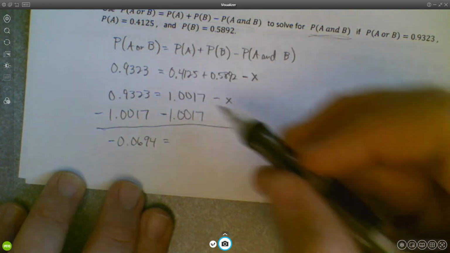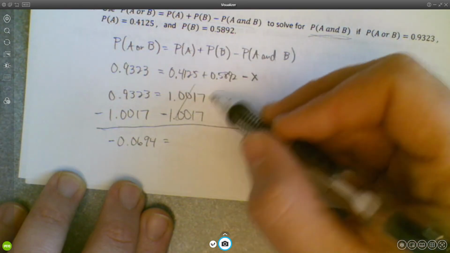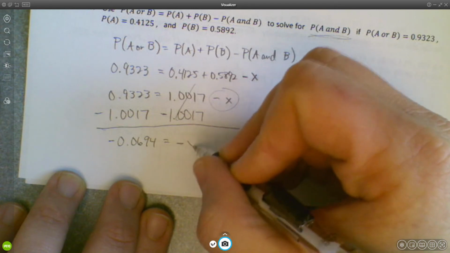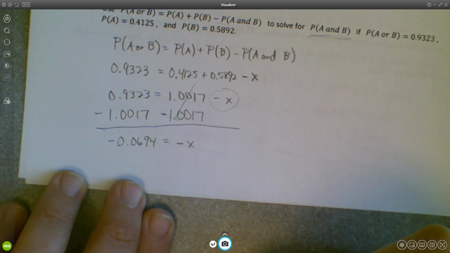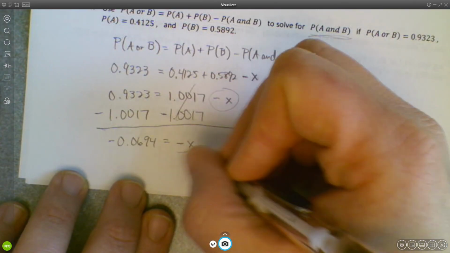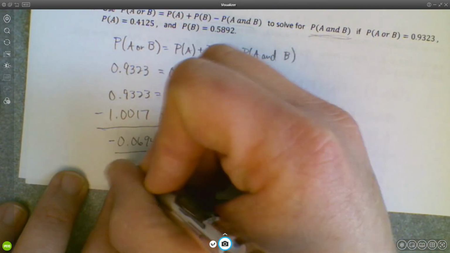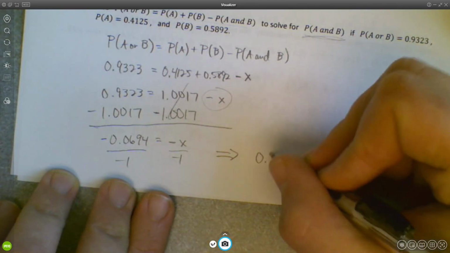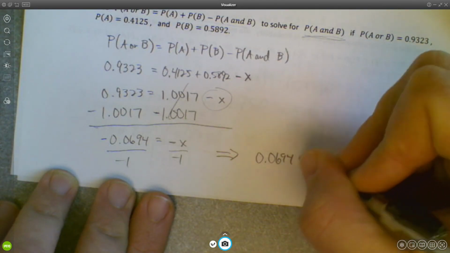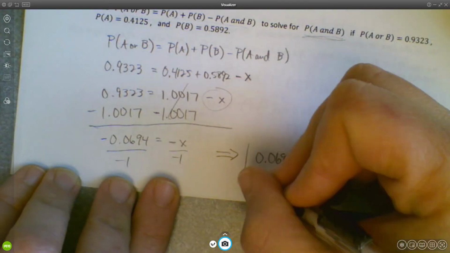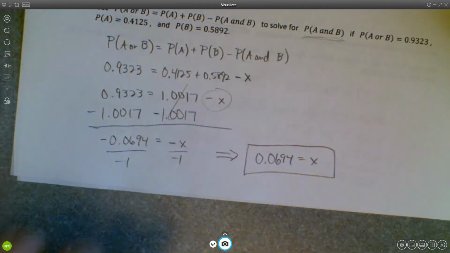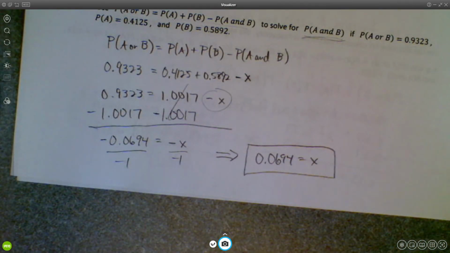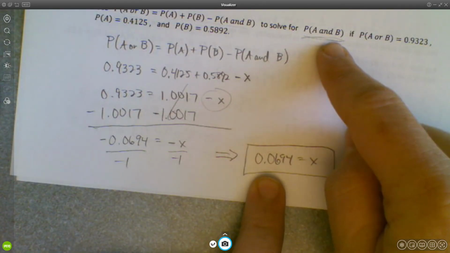And on the right hand side, those are gone, so I'll be left with a negative x. Now, I want to solve for positive x, so I should divide by a negative 1. And I'm left with 0.0694 equals x. Okay. So that's the probability of A and B.